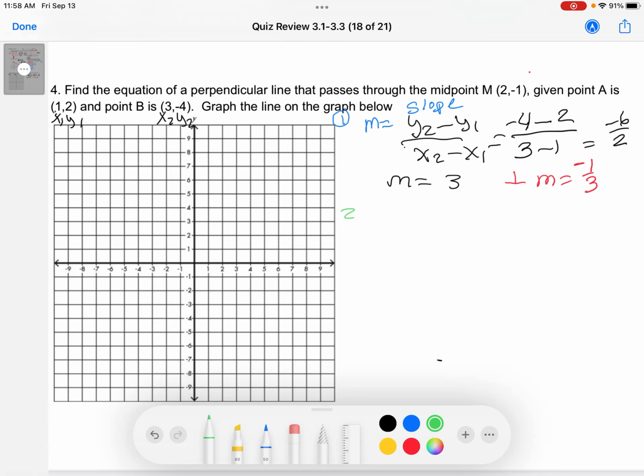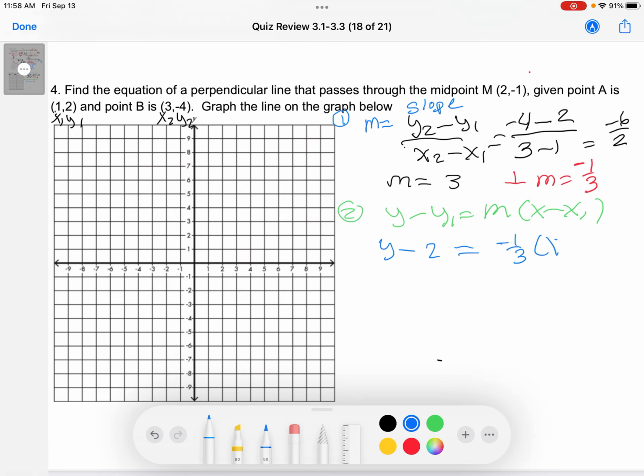Okay, so then the formula I'm going to use next is the point slope formula to find the equation of the line. So y minus y1 equals m times x minus x1. Okay, so y1 is 2, and I'm using these points over here.